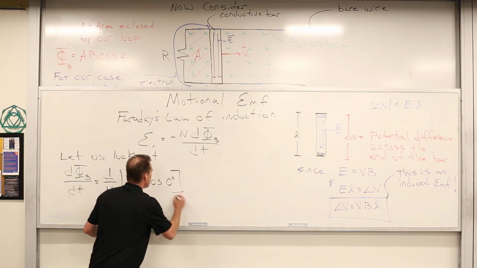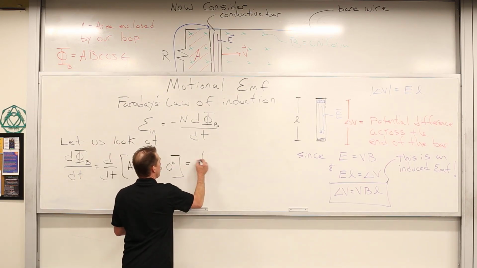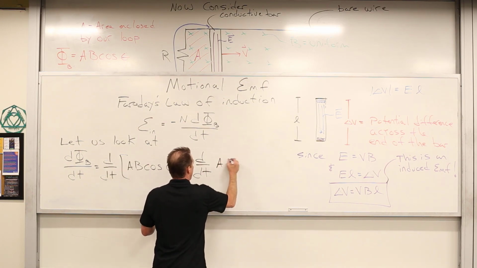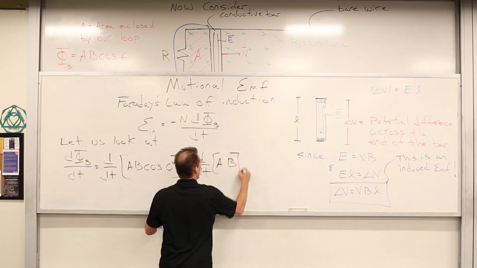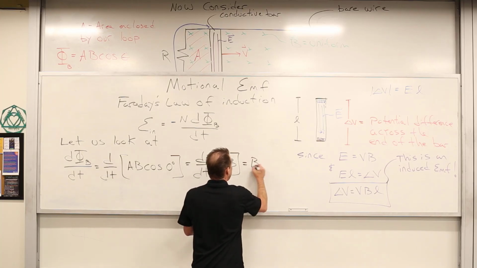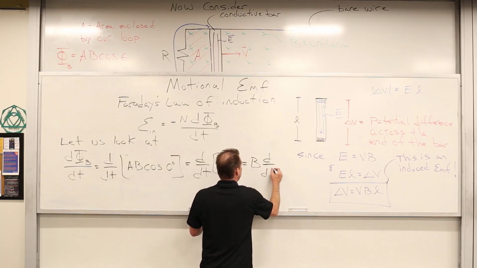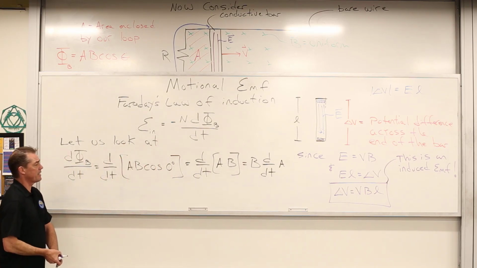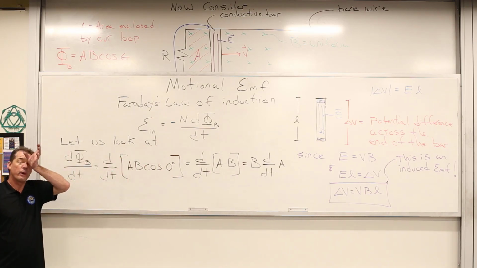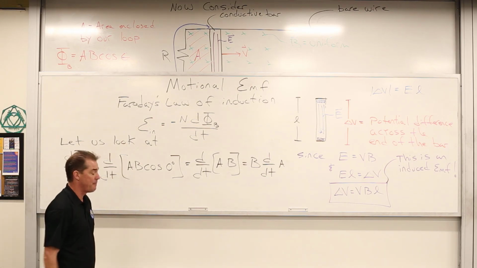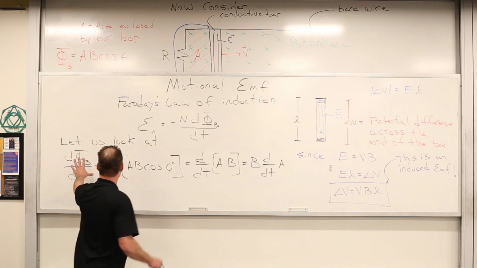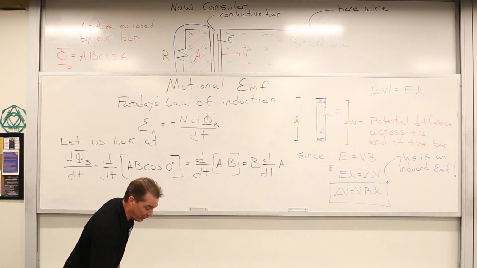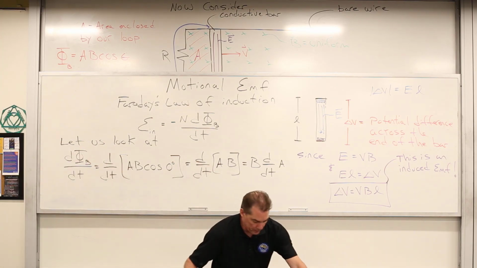Cosine of 0 degrees, which is equal then to d by dt of A times B, which is equal to B times d by dt of A. Again, B is a constant. The only thing changing with respect to time is A itself. So if we can figure out how the area is changing with respect to time, we can go ahead and figure out what d phi sub b dt is, and thus the induced EMF as well. So make a little room here.